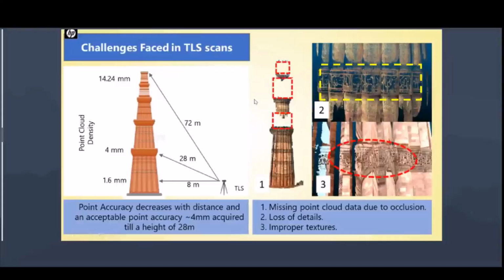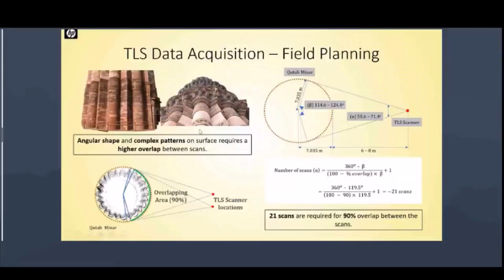Now this was overcome. Another aspect was the angular shapes of the structure. If you put the scanner maybe here, very proper field planning had to be done. A very detailed field plan was made as to where and how many places the scanner has to be put, so that appropriate overlap between scans is achieved.